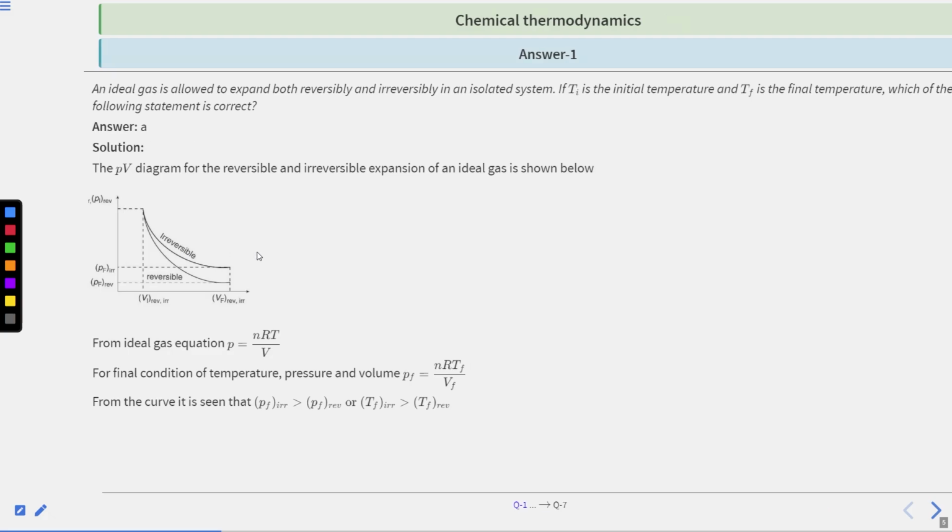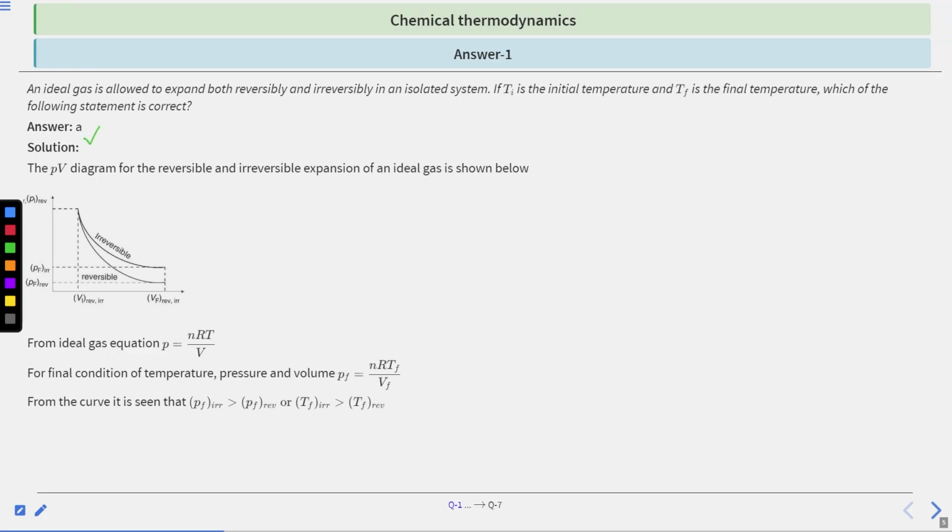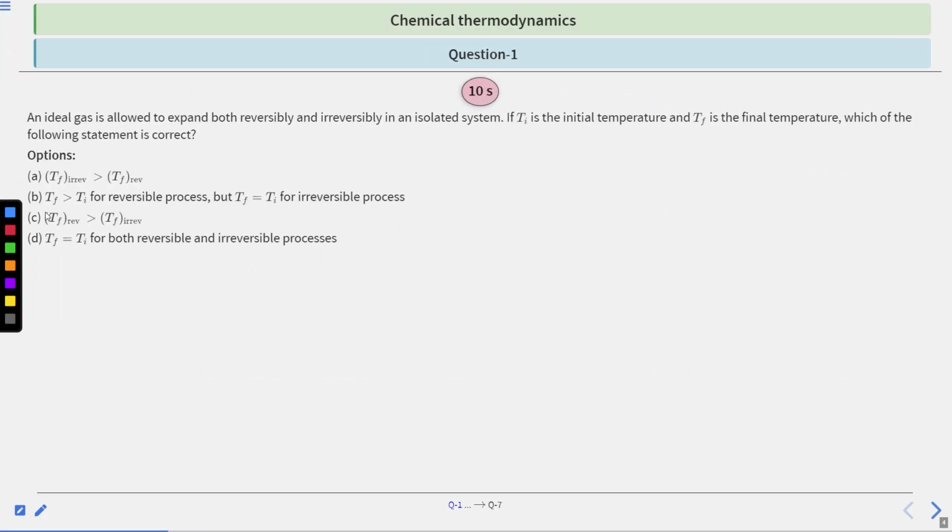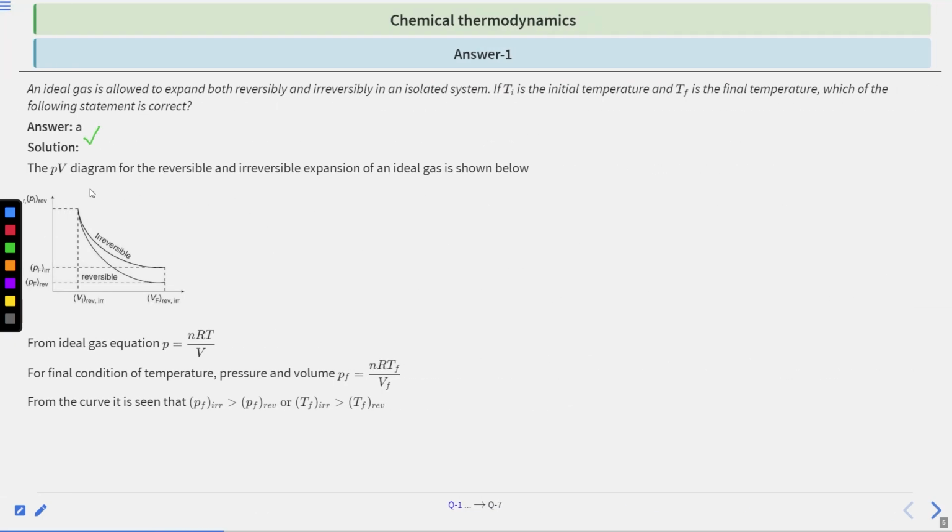Okay, so the correct option is option A. Option A means that T final of the irreversible process is greater than T final of the reversible process. So let's see the solution. If we draw the PV diagram for the reversible and irreversible expansion of an ideal gas, it is given like this.